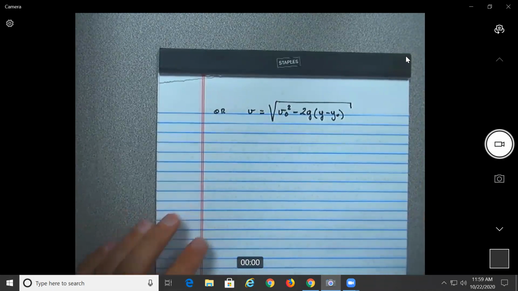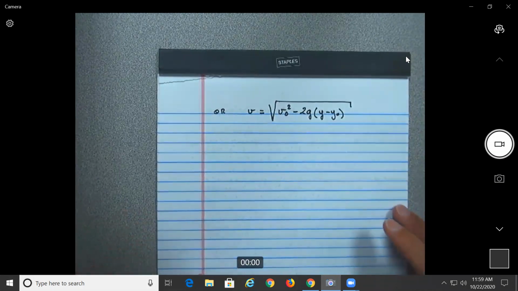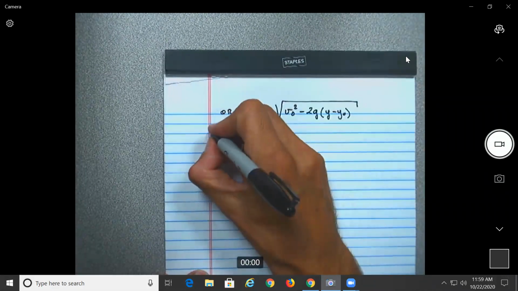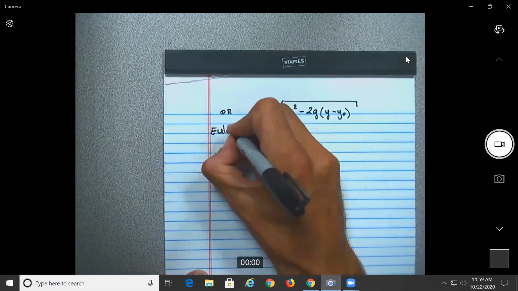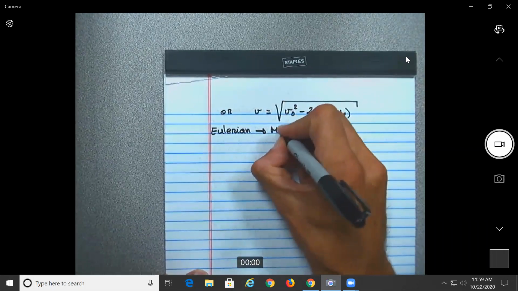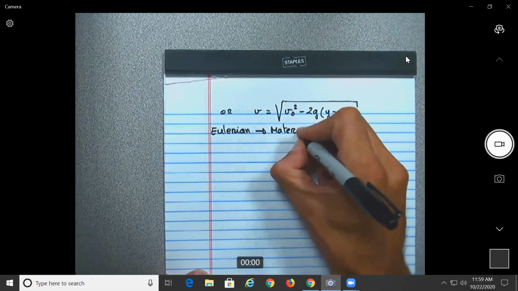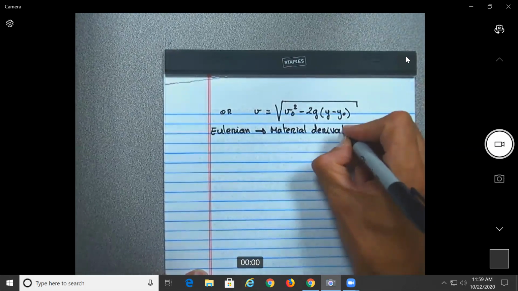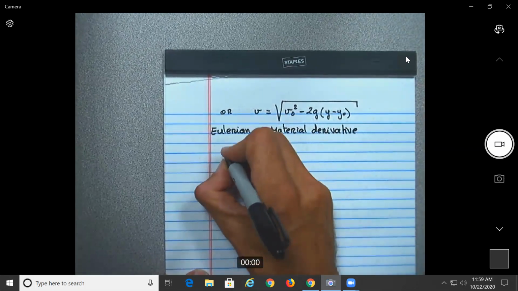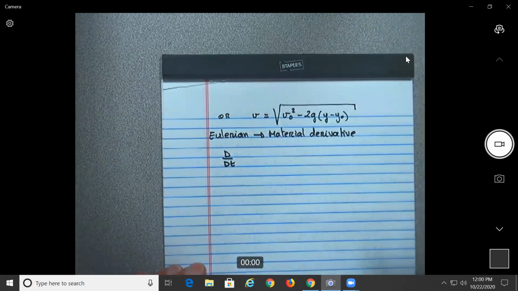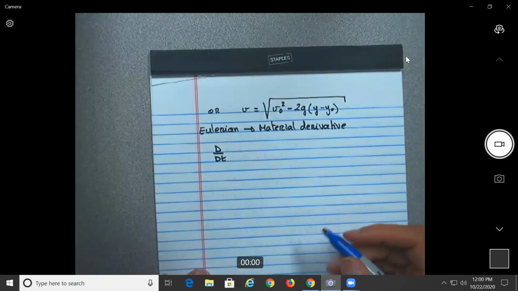So why are we doing all that stuff? We're trying to solve with the material derivative, no? Okay, so we say Eulerian, we need to use the material derivative, which is what? dt of a quantity. So here, what is the quantity we're trying to study over here?